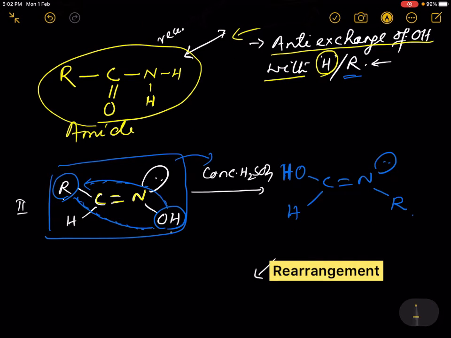This one on rearrangement gives an amide, a substituted amide. This H will be moving to this side and this pi bond is shifted to this side.